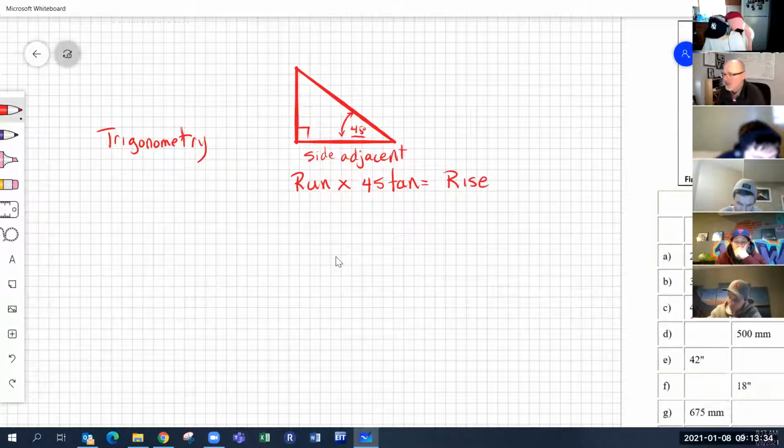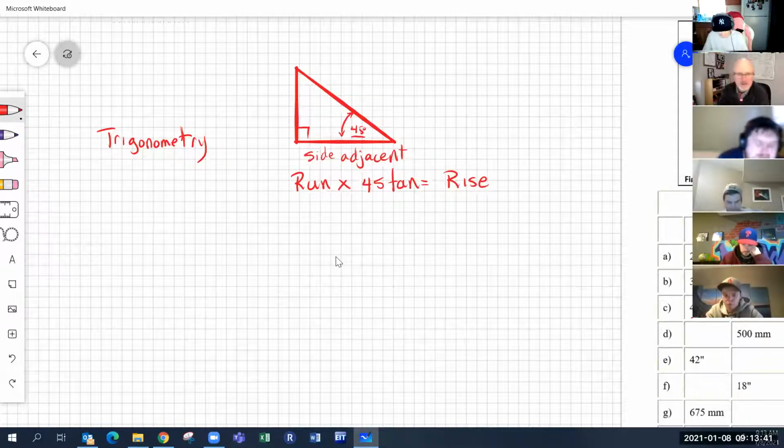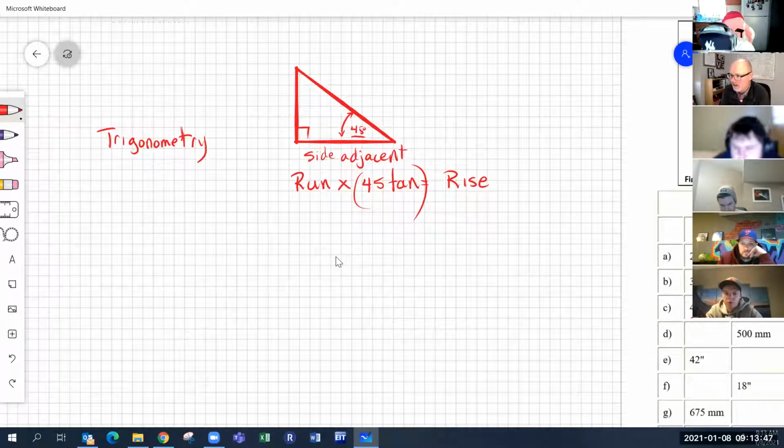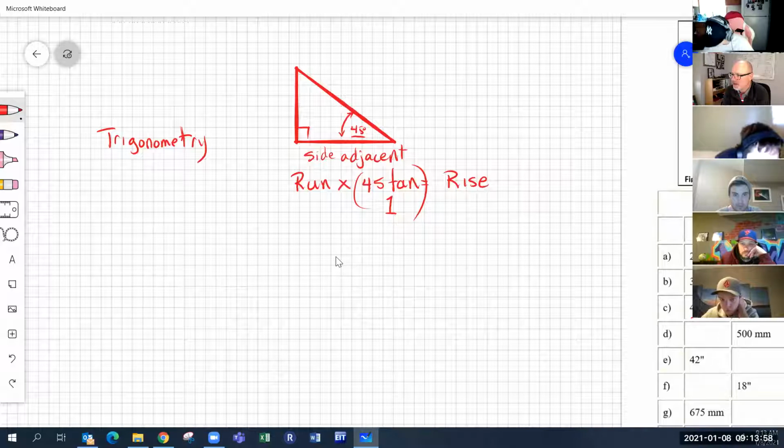So in your calculator, I want you to hit 45 and hit the tan button. 45 tan. Does anybody have that number? 1. So the run times 1 is the rise, meaning the run and the rise are always the same in a 45-degree right angle triangle using trigonometry.